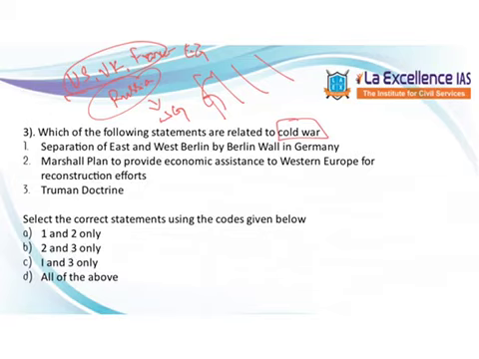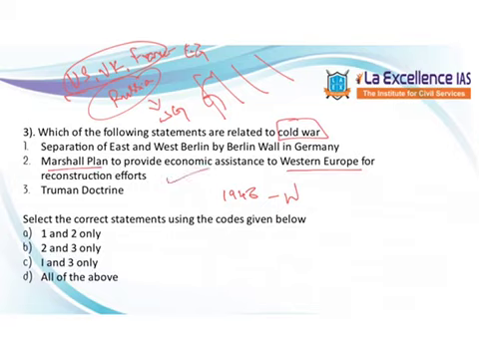So option 1 is correct. Then the Marshall Plan. The Marshall Plan is nothing but a reconstruction plan given by US President Harry Truman in 1948. It was an economic assistance given to the Western European countries for reconstruction efforts after the Second World War. So this is also related.